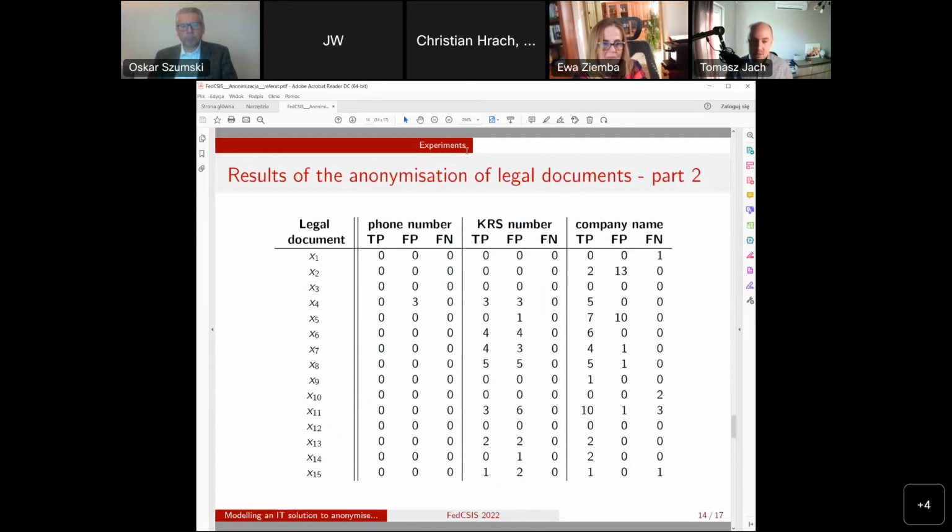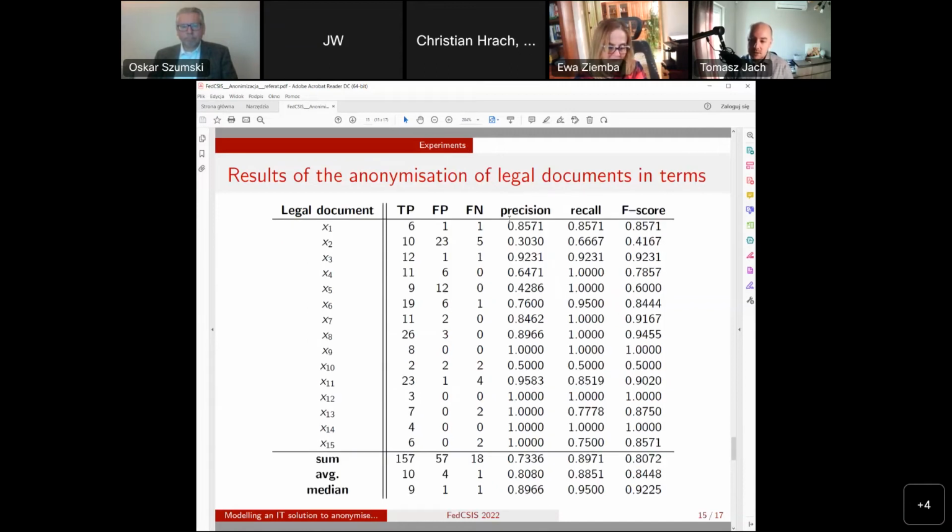Because of that, we had to find some heuristics which tend to work quite okay, not in every case. Overall, all in all, the average precision for all of the documents was about 80%, so 0.8 on average.